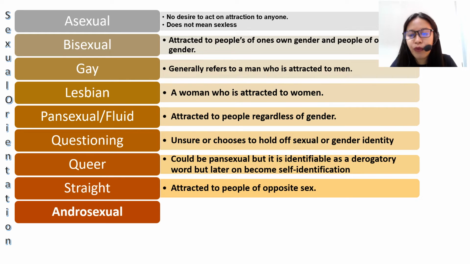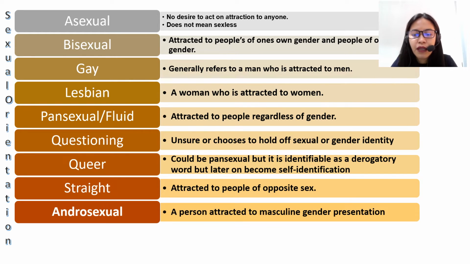Aside from straight, we have also androsexual. And when we say androsexual, these are people attracted to masculine gender preference. So these are persons na kahit babae siya or lalaki siya, basta meron siyang masculinity, okay, he or she is portraying masculine characteristics, a certain person is attracted to the masculinity itself.